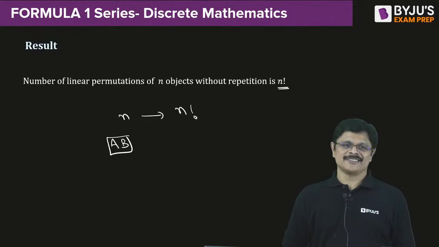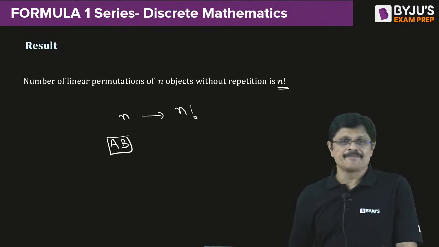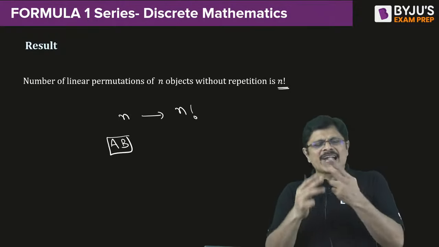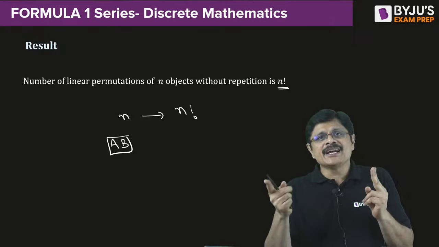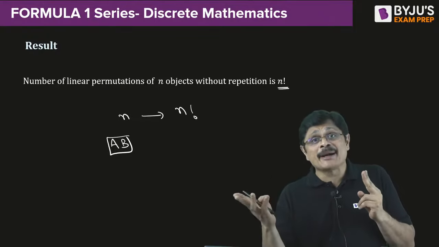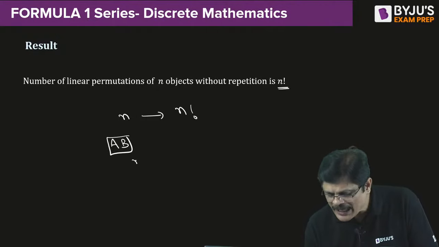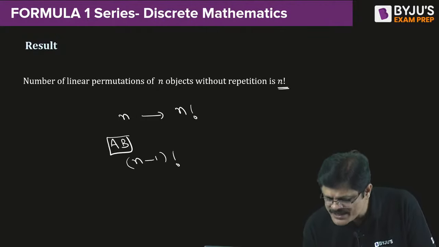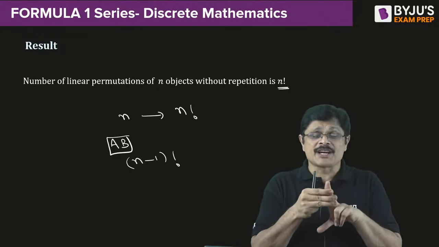What is the formula for the number of permutations of n objects in which two objects are always together? See, when you want two objects together, they are like one unit. 1 plus remaining n minus 2, so n minus 2 plus 1 is n minus 1. So you have to arrange these n minus 1 objects, assuming AB as a single object.